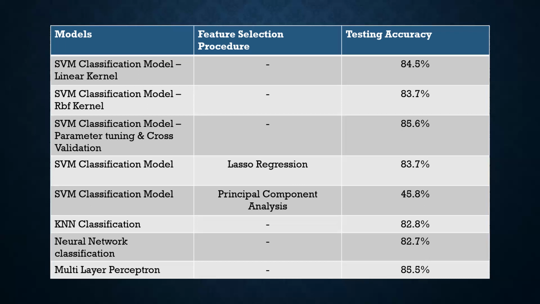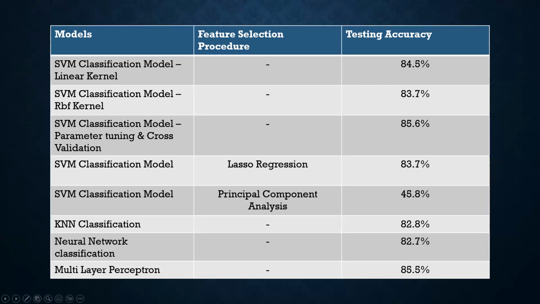Accuracy of the SVM model using PCA is 45%. Using PCA for variable selection does not improve the accuracy. In fact, the accuracy is poorer when we use PCA for variable selection due to the requirement of a large number of components to explain 99% of the variation of the data.